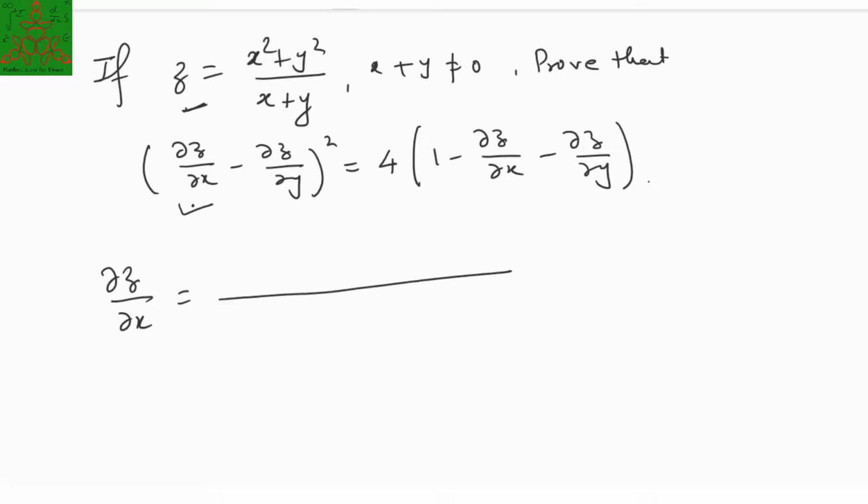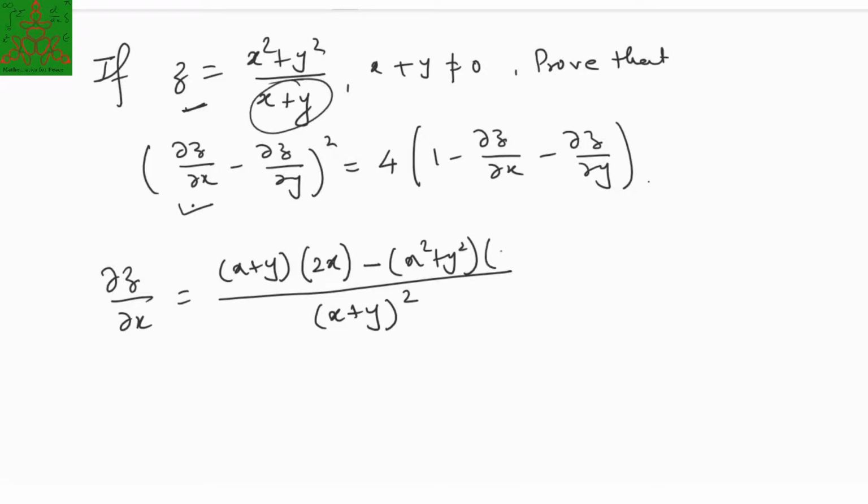So that can be calculated as (x + y)² in the denominator, then x + y as it is, the derivative of x² will become 2x, minus (x² + y²) as it is, the derivative of the denominator, that is x + y, will become 1.